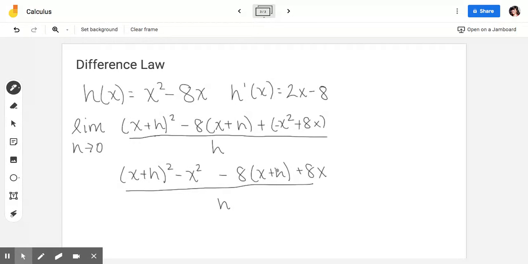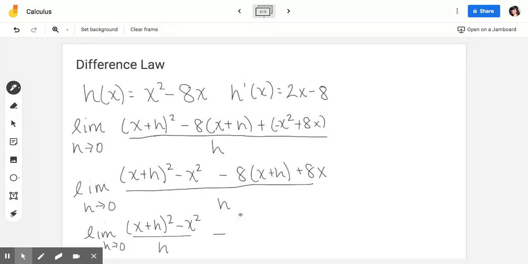So we know when we have a fraction, we need the same denominator in order to add or subtract, so we can break it back up, kind of going backwards into two fractions with the same denominator. So here's my first fraction, which again, we already know the limit of this from way back at the very beginning.